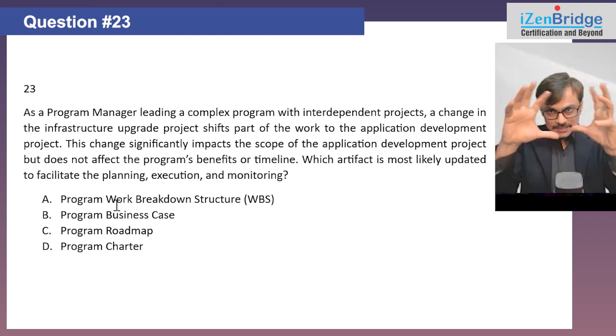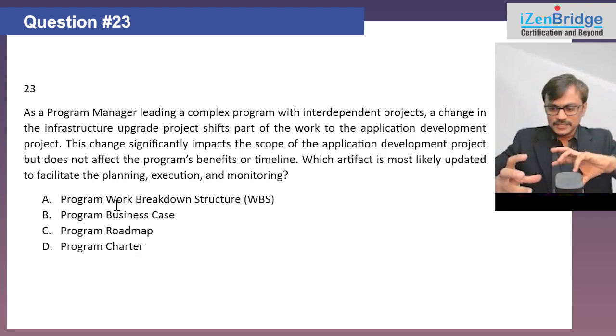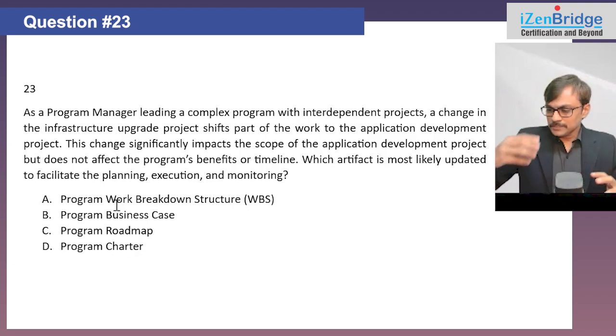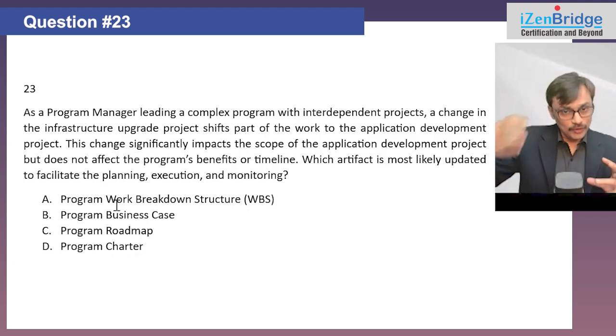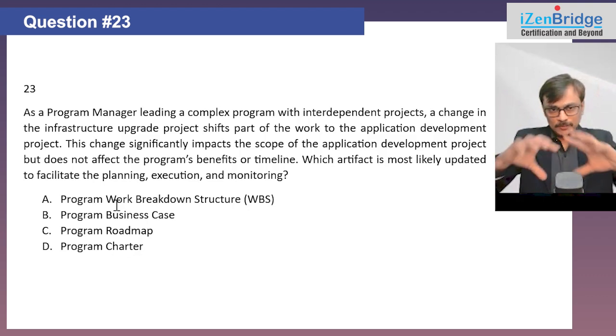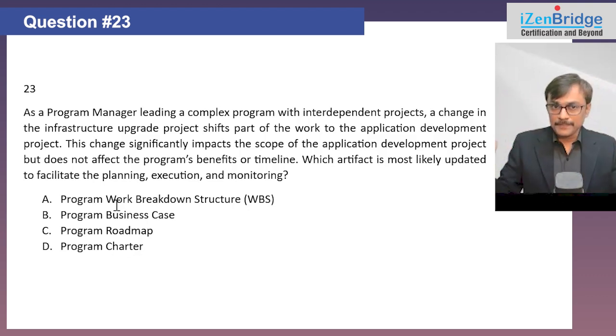Okay. So inside the program, there has been a change in the scope of one project to the other project, but overall it doesn't seem to be impacting the timelines and the benefits, but something has to be adjusted to ensure that we should be able to plan, execute, and monitor this shift well.